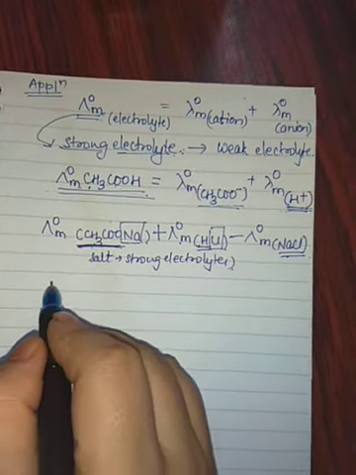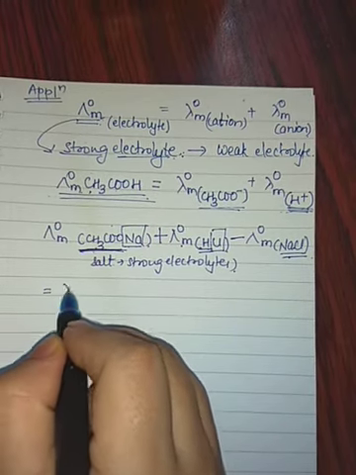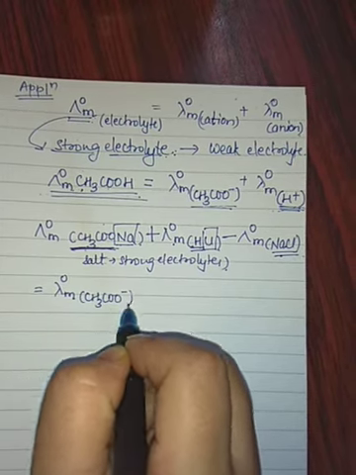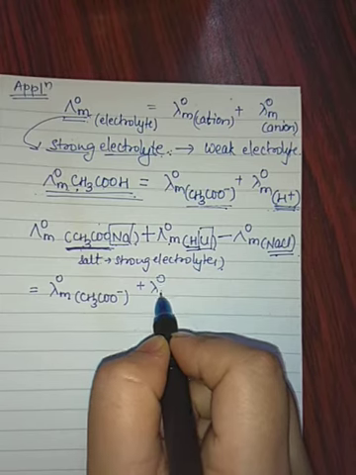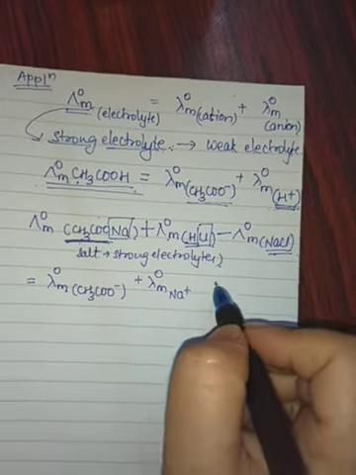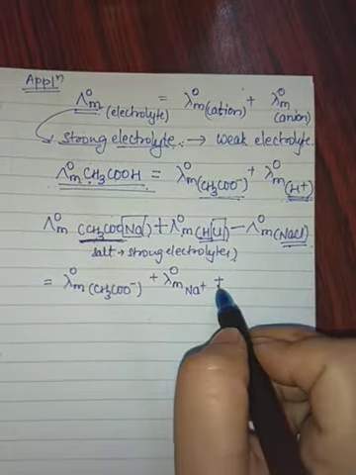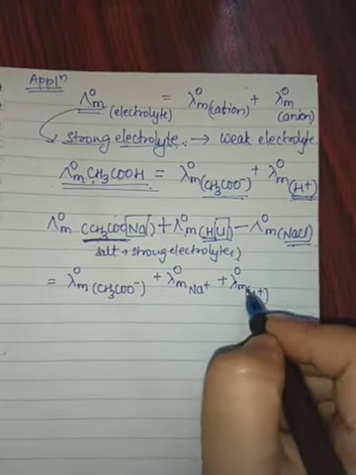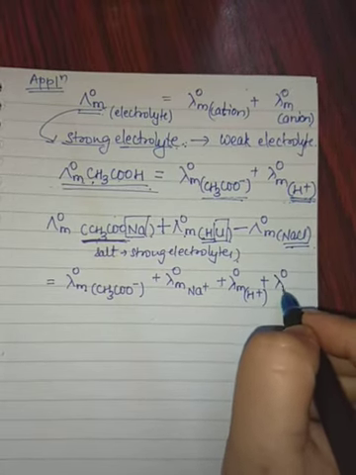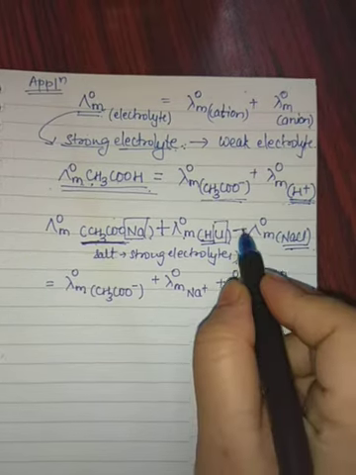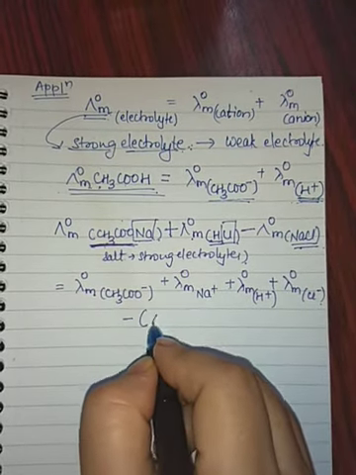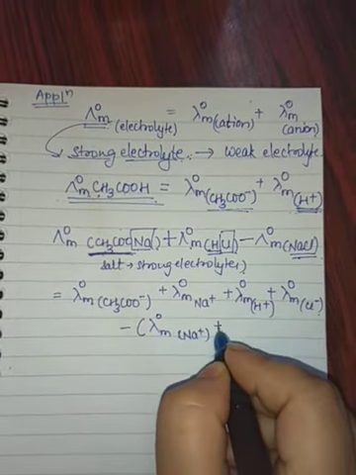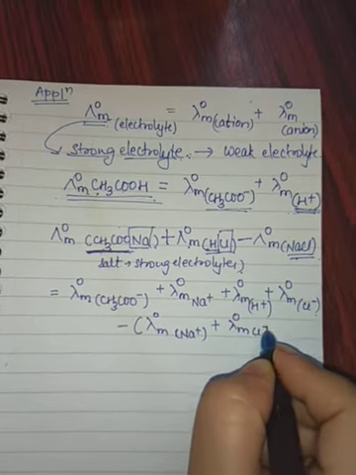Let me just solve it individually. This will be lambda naught m of CH3COO minus plus lambda naught m of Na plus. Since we are adding them together, there will be a plus sign. Lambda naught m of H plus ion plus lambda naught m of Cl minus ion, minus lambda naught m of Na plus, lambda naught m of Cl minus.